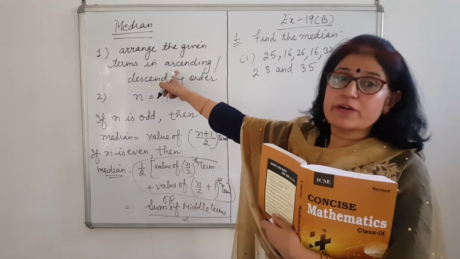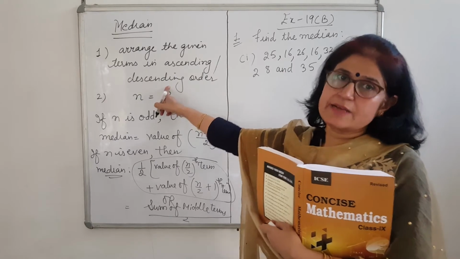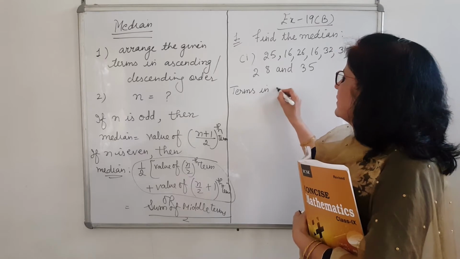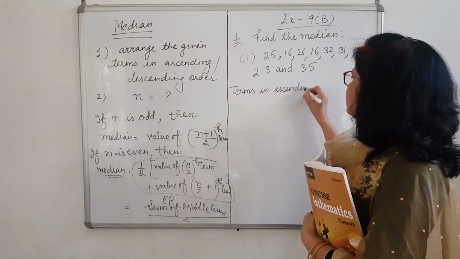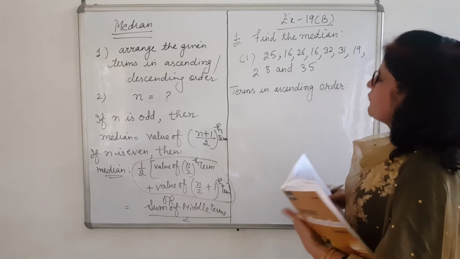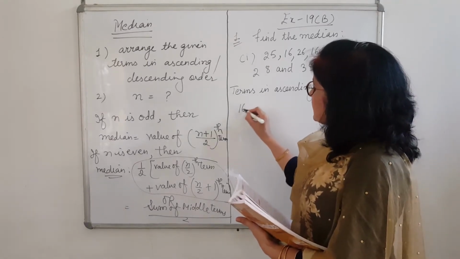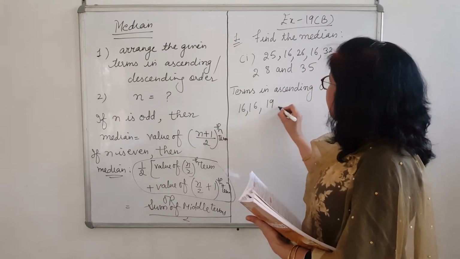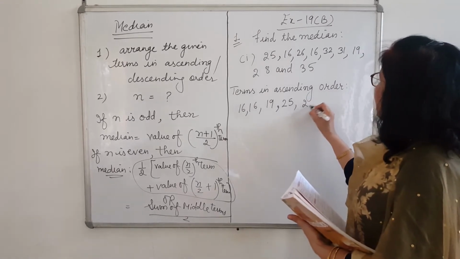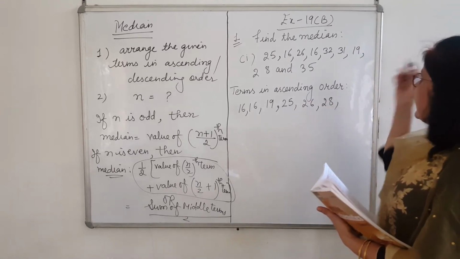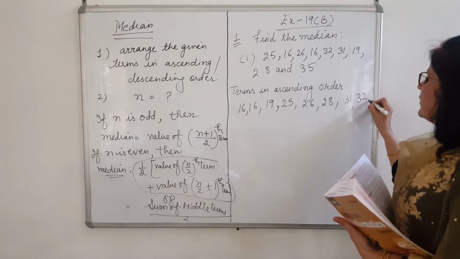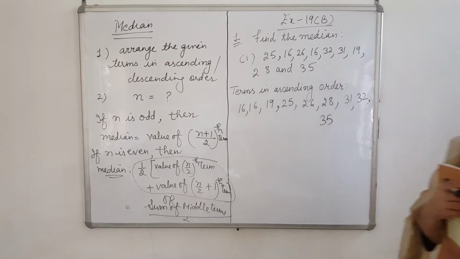First of all, you have to arrange the terms in ascending or descending order. So, terms in ascending order: 16, 16, 19, 25, then 26, 28, 31, 32 and 35.